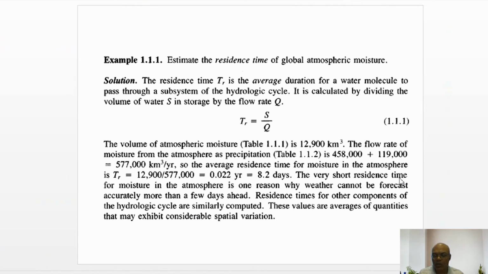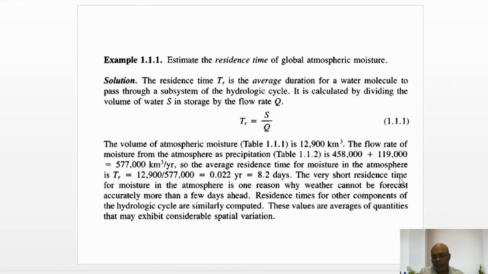When the water molecule goes through these subsystems, it spends some time in each, and that is called residence time. These residence times are different for different subsystems. So here we are calculating the residence time of water in the atmosphere.